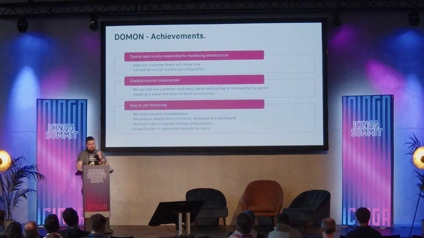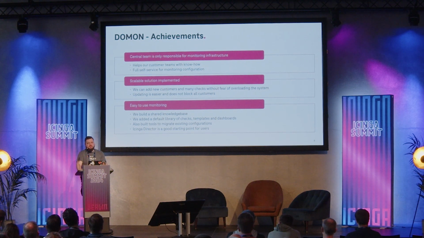And we put some ease into our monitoring, so we created lots and lots of documentation and lots more documentation and then even more documentation. But we also created some readily usable stuff, like a template library, like check templates, dashboards for our systems.